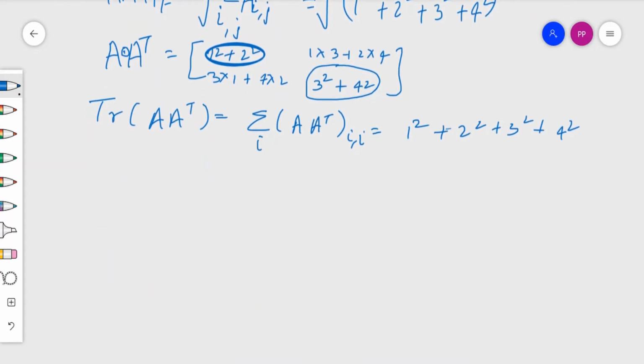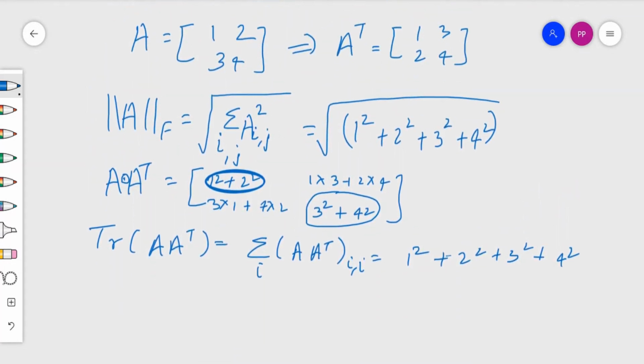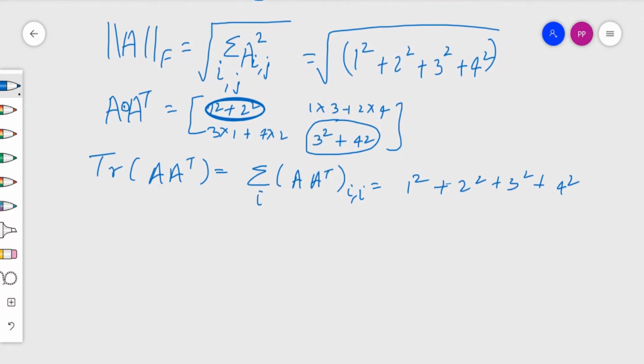So if we compare both the situations, you can find that the Frobenius norm of A is nothing but the square root of the trace of A dot A transpose. This holds good even for non-square matrices.